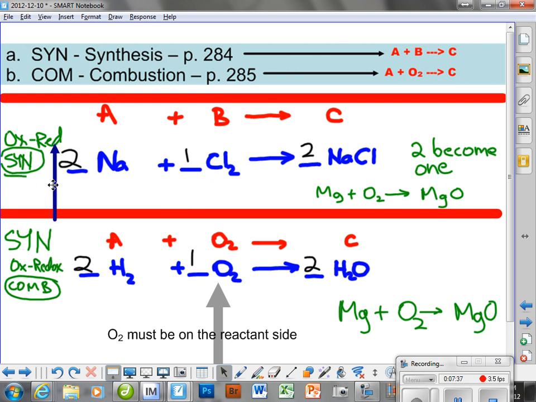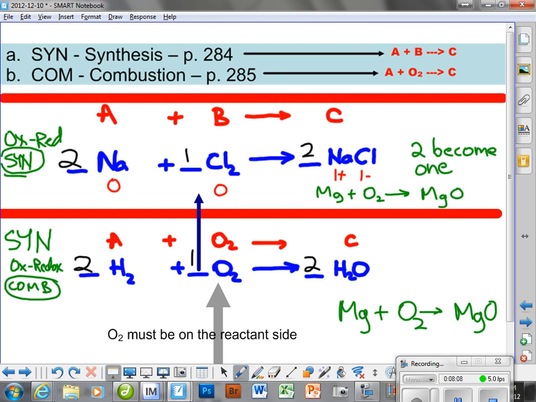But you notice I said here that this is also oxidation reduction. Oxidation reduction means that these guys starting out over here have no charge. Sodium is no charge. Chlorine is no charge. But over on the right side of the equation, where you see sodium here, what's his charge? 1 plus. Yeah, this guy's a 1 plus, and this guy is a 1 minus.